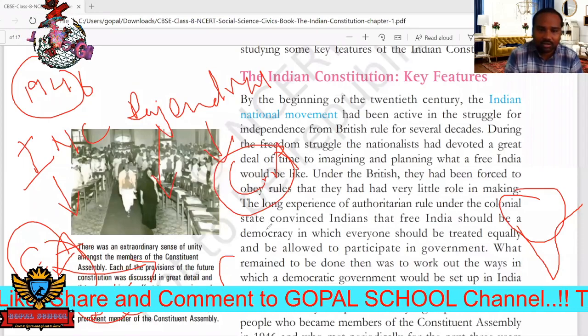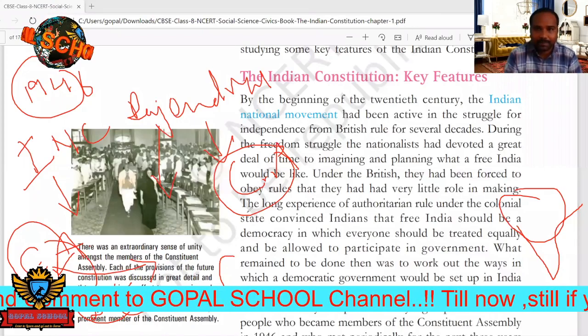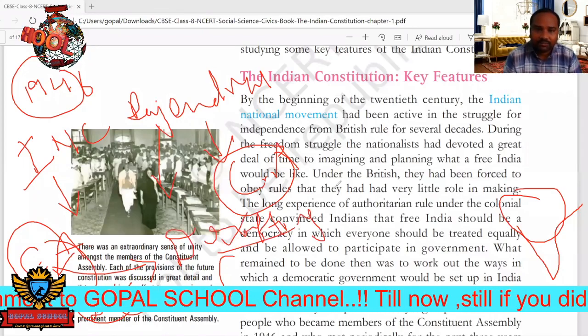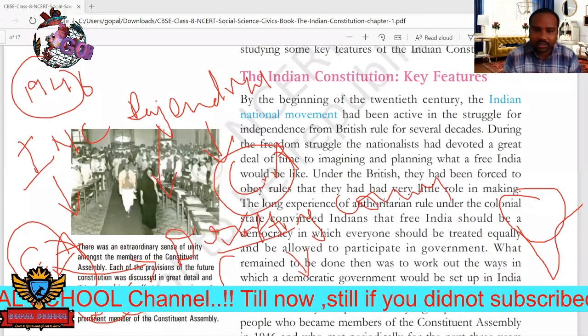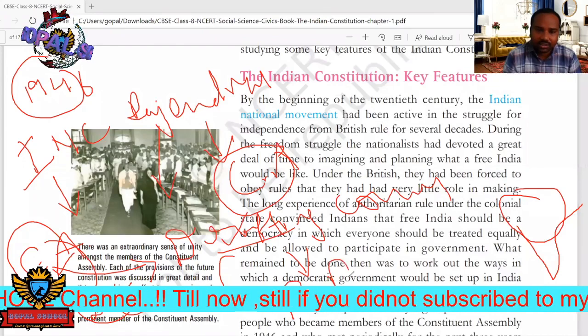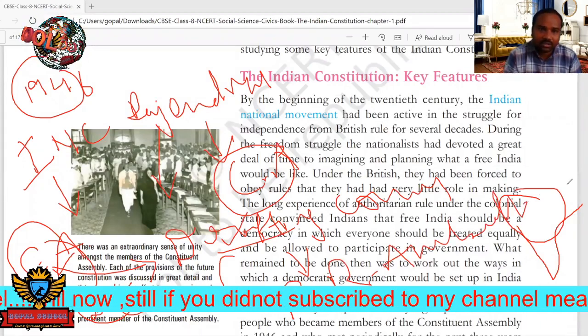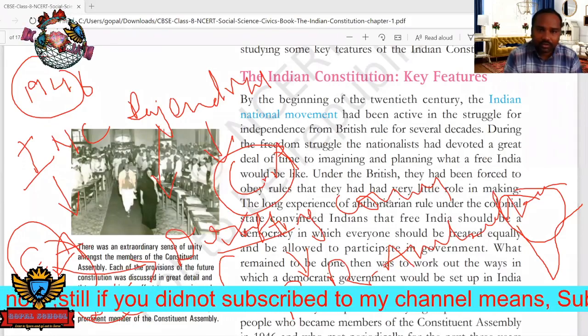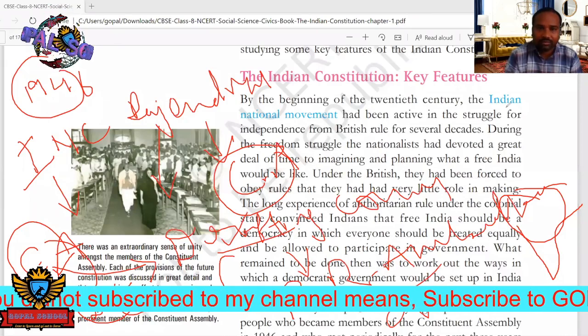Drafting means writing up this constitution. So a separate drafting committee was formed, and the team leader is Dr. B.R. Ambedkar. Ambedkar is referred to as the chairman of the drafting committee.